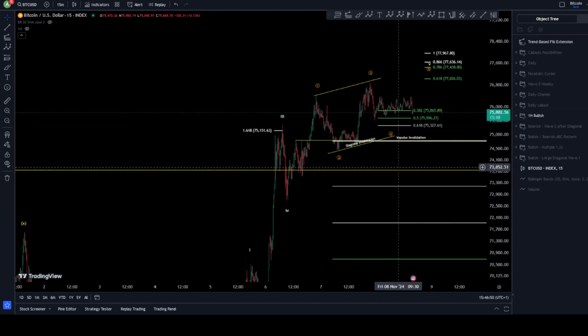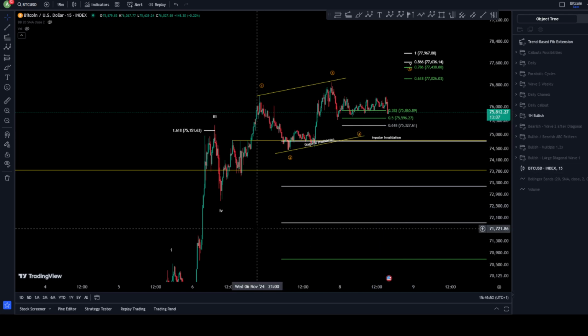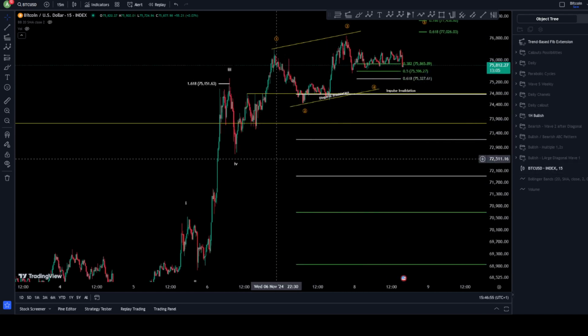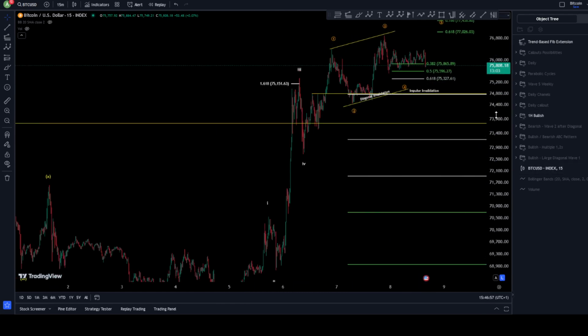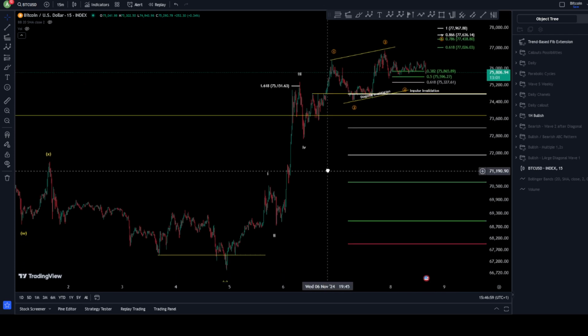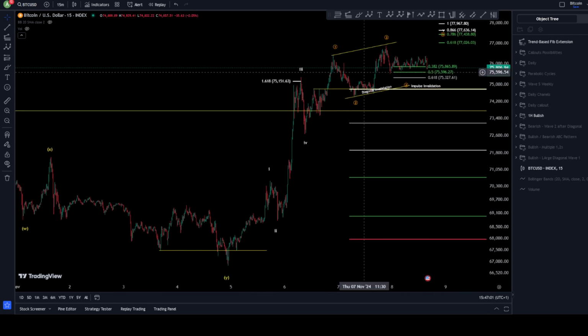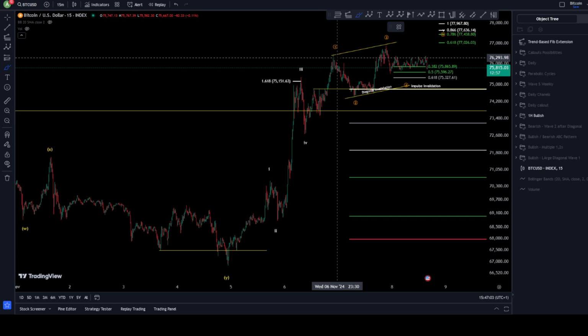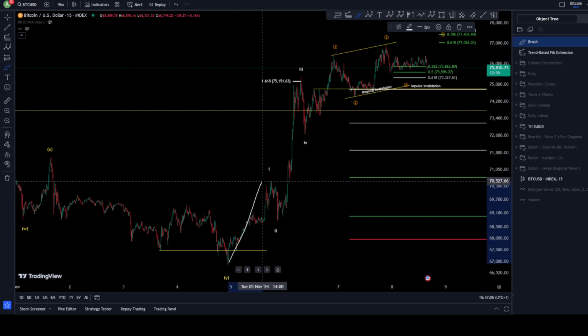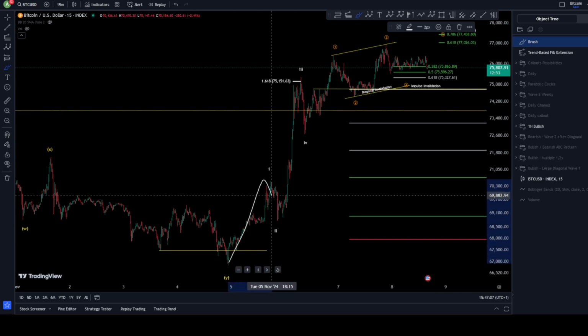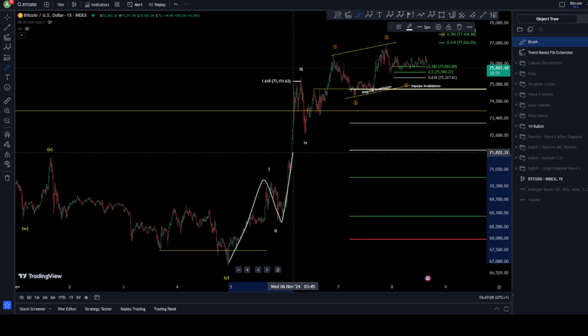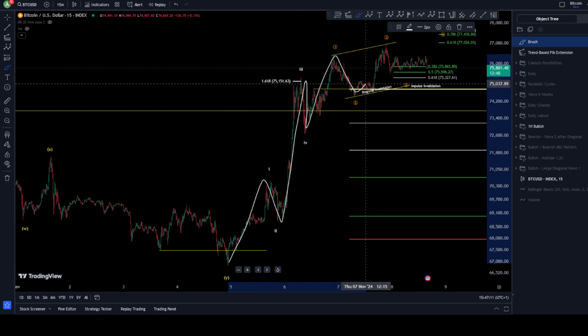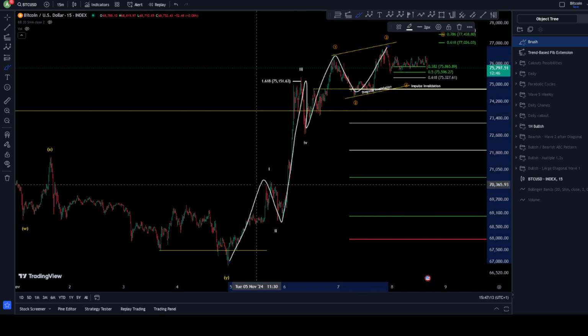If not, if we dive from now without finishing this ending diagonal, therefore we have to consider that your impulse here is invalid. And that means you have topped here as A, B, and a C. Your wave C is an ending diagonal like this.